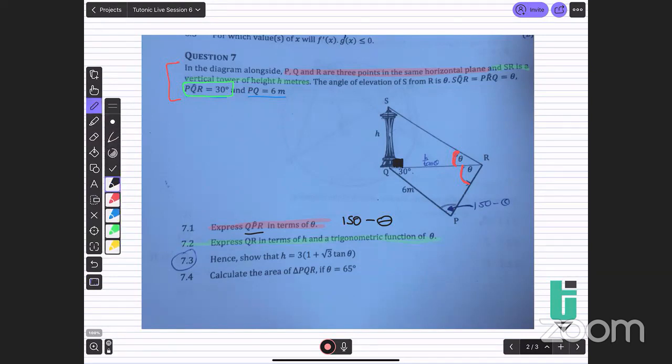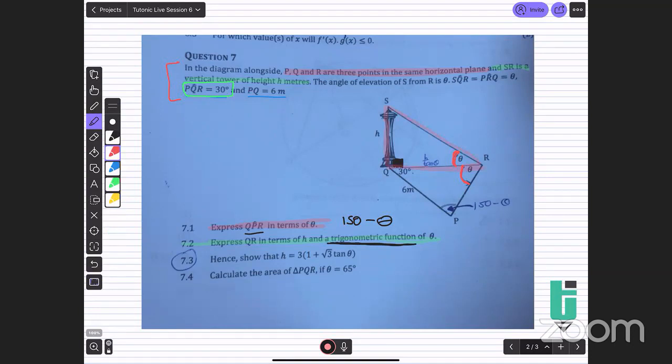What did I do? Elias, don't we use trig functions for this? Yes, that's why it says there. Nafisa is saying she's going to use this triangle, but they want QR, right? So how are you going to find an expression for QR?